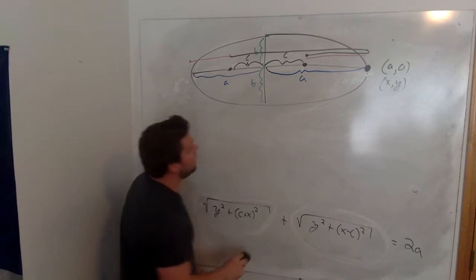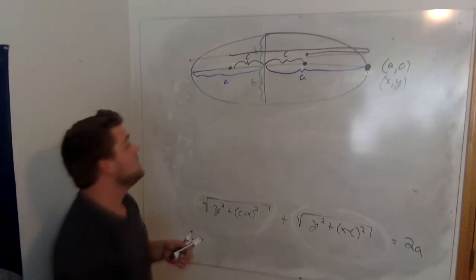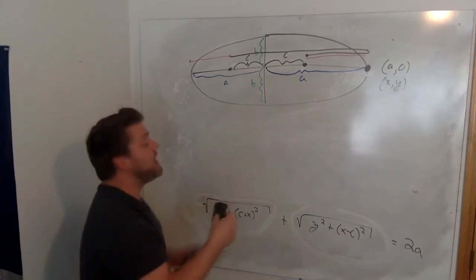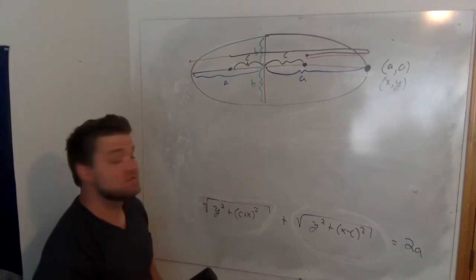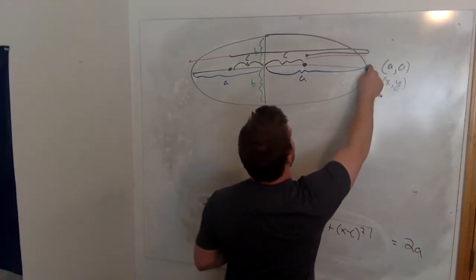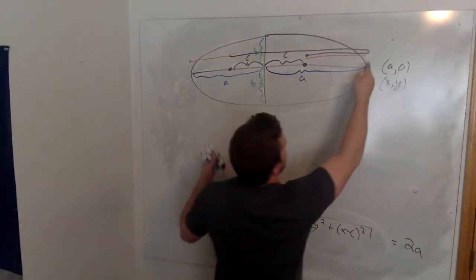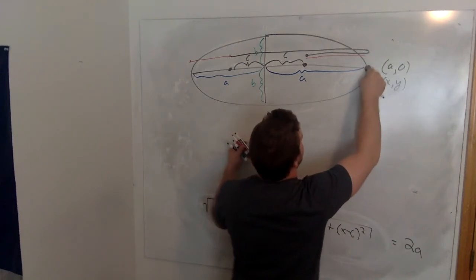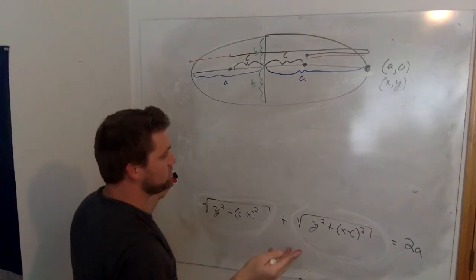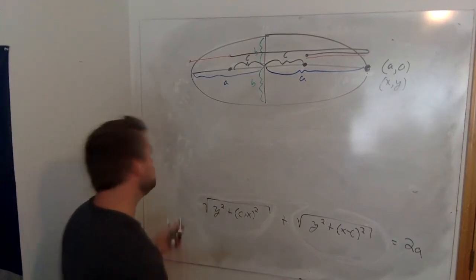Okay, now there's one other convenient location that will actually give us a beautiful relationship between the A's, the B's, and the C's. Instead of picking this point to put your pencil, you could have put your pencil over on the other side and made the same argument. Maybe it's a good exercise for you to do on your own.